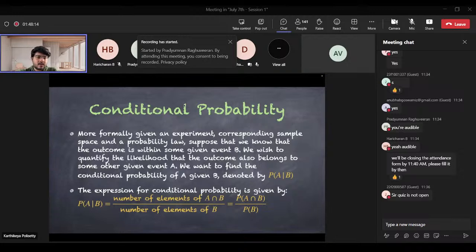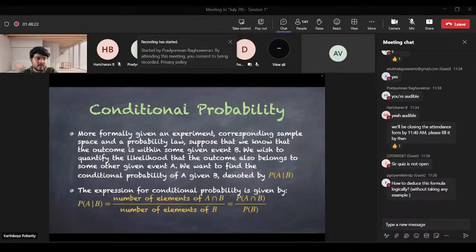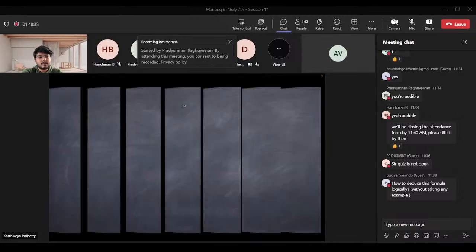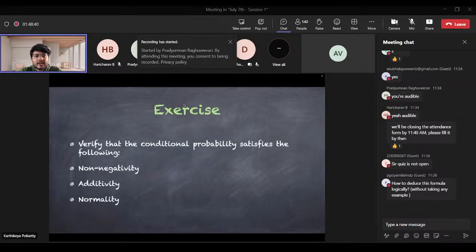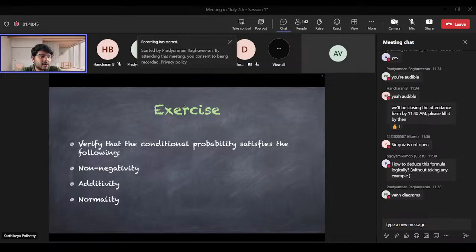So B is HH or HT. What is A? HH. So number of elements in A intersection B is HH, one element. Number of elements in B, HH and HT, two. So what is the conditional probability of A given B? It is half. You can try verifying whether the conditional probability satisfies the probability laws: non-negativity, additivity, and normality.